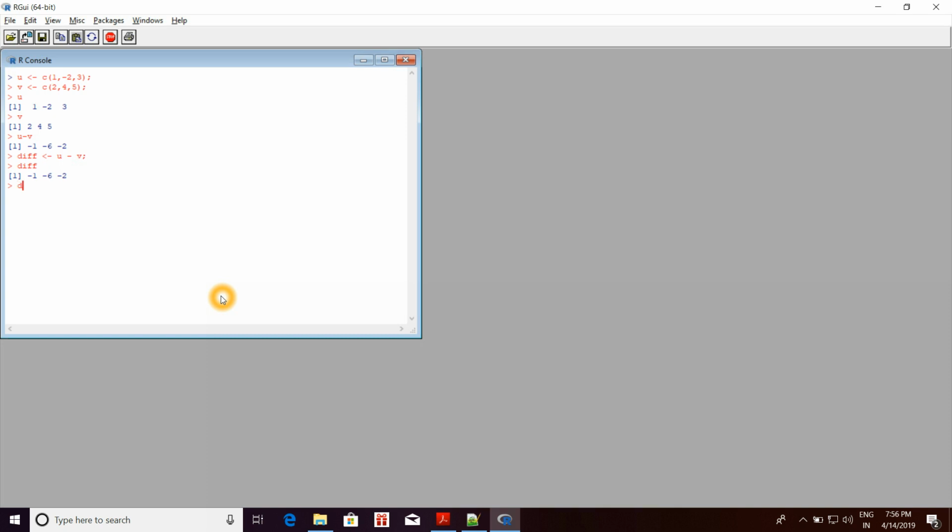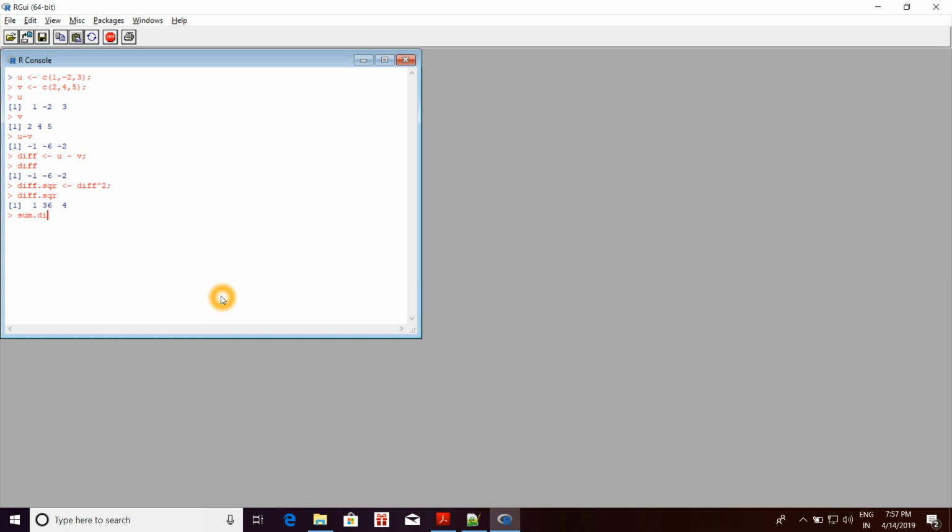So now the difference dot square will be the difference squared, which is 1, 36 and 4, and then we sum it.